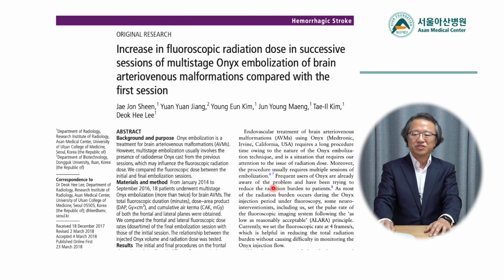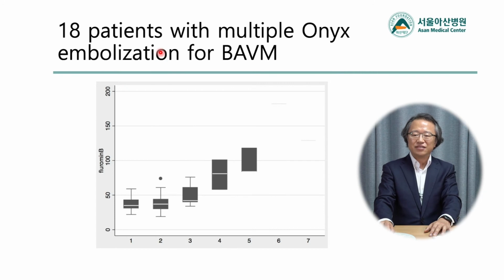As we report this observation of increase in fluoro dose in successive sessions of multi-stage Onyx embolization, we found that the fluoroscopic dose rate increases significantly as the session number increases. That was due to the presence of radiodense Onyx cast from the previous embolization.